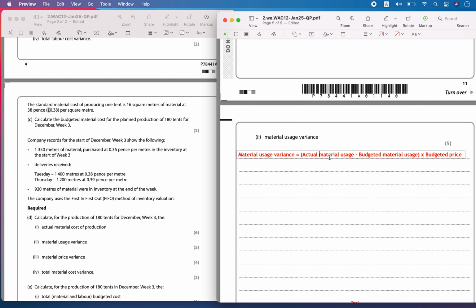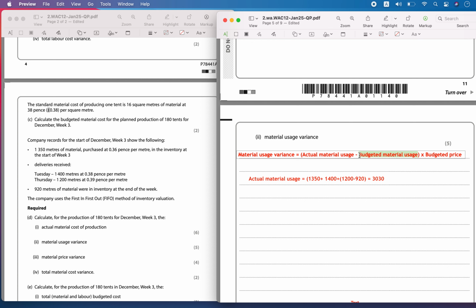The actual material usage is the quantity consumed: 1350 plus 1400 plus 1200 minus 920, and 1200 minus 920 is 280. Let's add up all this, that is equal to 3030. This was the quantity consumed.